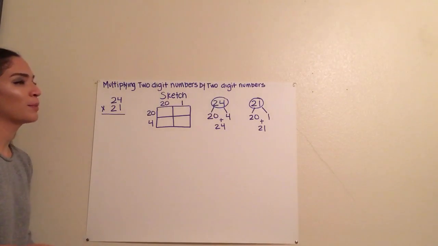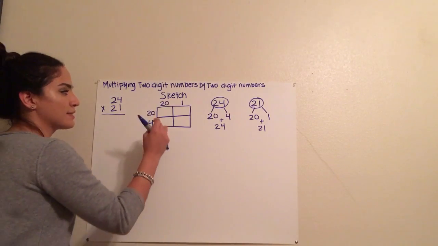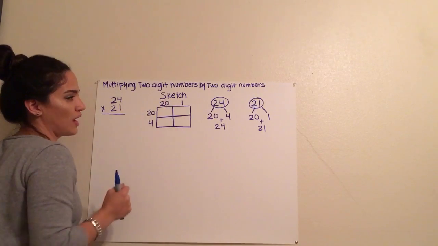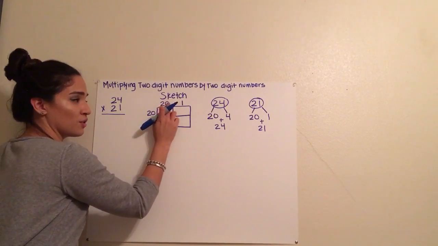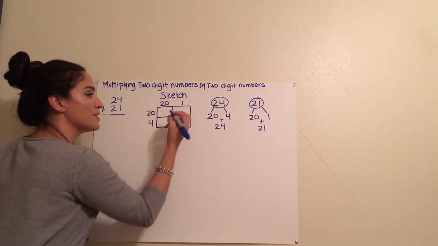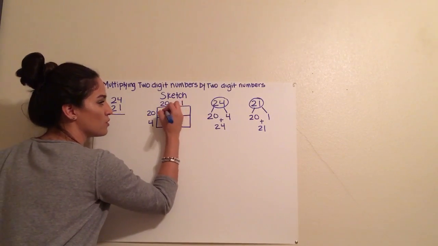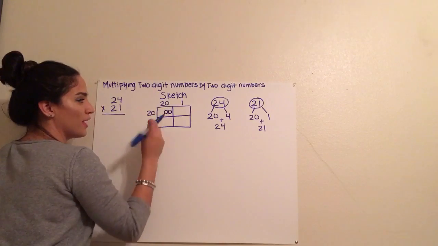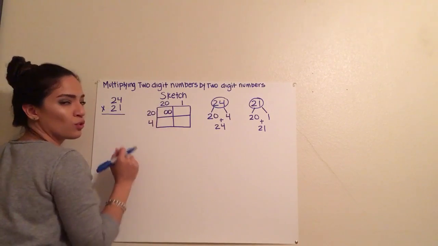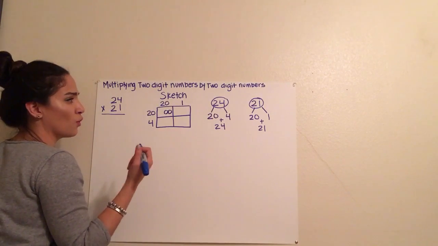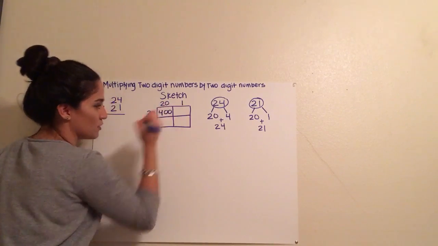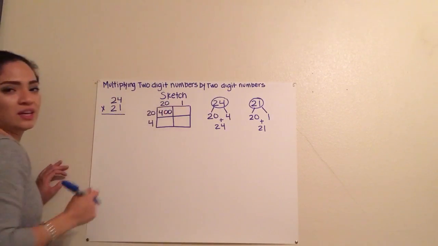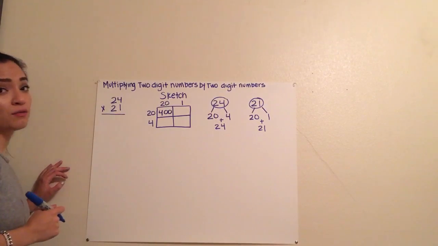So I'm going to give them a tip, and I'm going to ask them, how many zeros do you see? We have 1 zero and another zero, so we have a total of 2 zeros. I'm going to tell them to write those zeros right away, and then what do we end up with? 2 and 2. What is 2 times 2? It gives us 4. So 20 by 20 gives us a product of 400.